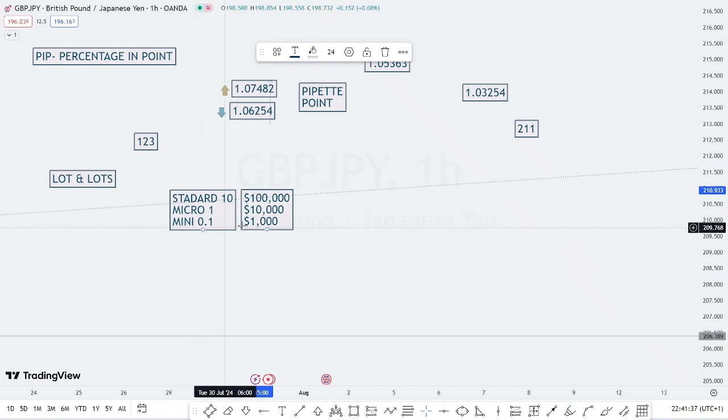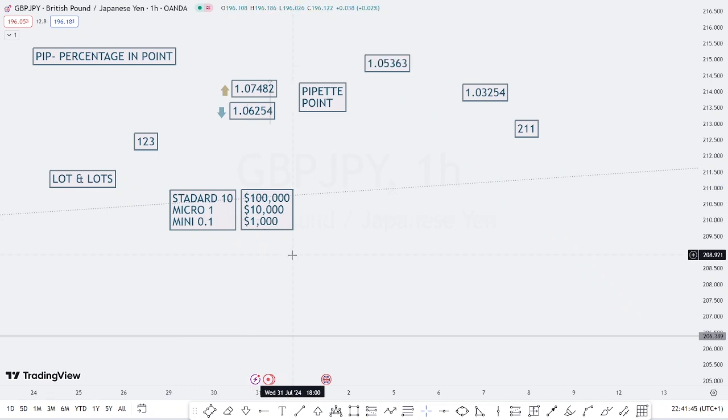If you want to use mini lot size, you must have not less than $1,000 just for you to use this. That means nobody would be eligible to trade forex, because even if you have that kind of money, you don't have the heart to put all of it there.